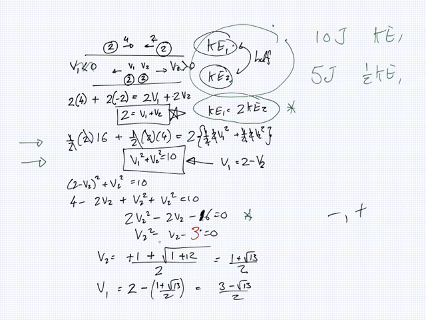But here, when I look at my first answer for V2, if it's a positive, and when I put it into this, V1 will be a negative. But if I look at the negative answer here, and put it into this, then the other one will be a positive. So it's quite clear that they're moving in opposite directions. I just need to choose the one that makes sense. It makes sense that this is positive and this is negative, because if I choose the other one, it means they've passed through each other.